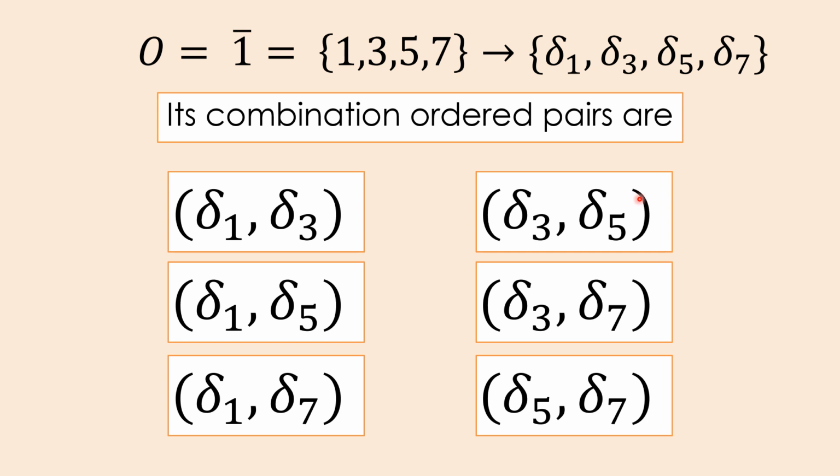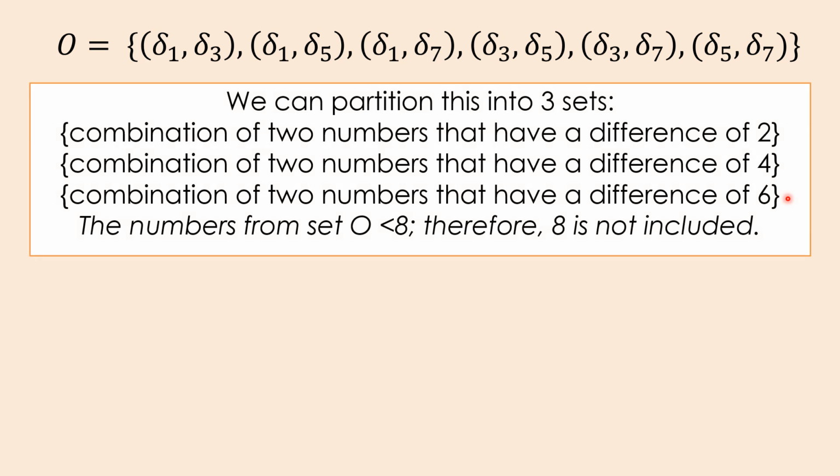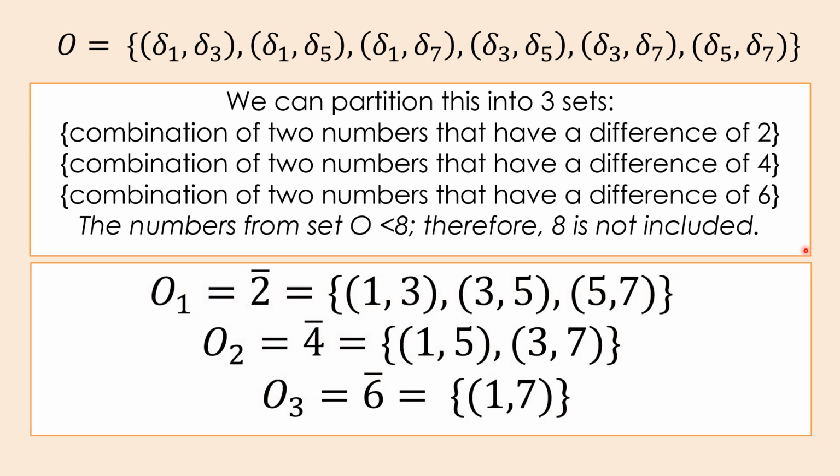Again, we partitioned it a while ago into odd and even. Now, this odd infinite set, we are going to partition using a combination of ordered pairs. So here is our new set, which is the combination of the odd numbers. Now we are going to partition it into three sets: combinations of two numbers that have a difference of 2, a difference of 4, and a difference of 6.